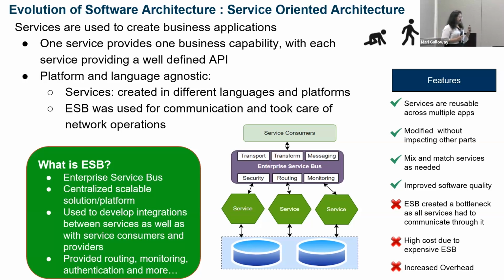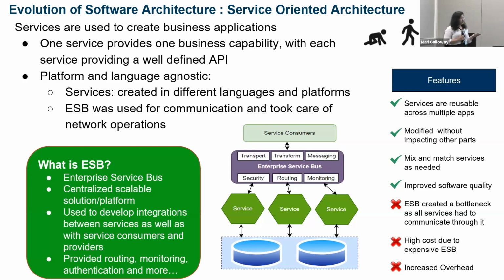And since these were separate services, they were language and platform independent. You could create the services in whichever language or on whichever platform you wanted. It had three parts: the services, the ESBs, and the service consumers. All the services talk to each other via the well-defined APIs, via this enterprise service bus, as well as the service consumers.